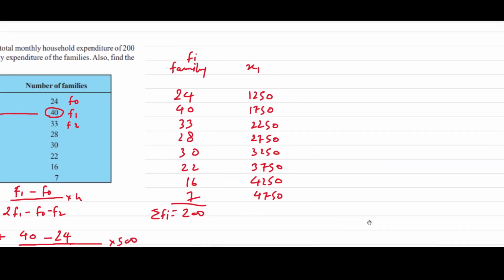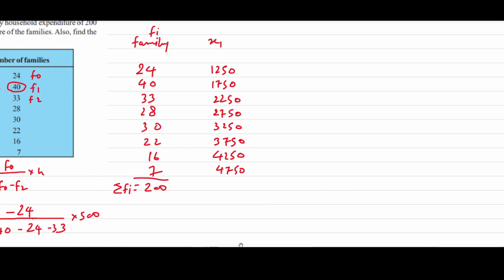Now, because these are big numbers, we should use the assumed mean method. What value should we take? Suppose we take a middle term, 2750, as a. Now di will be xi minus a.